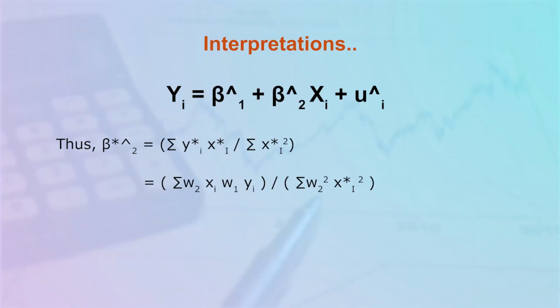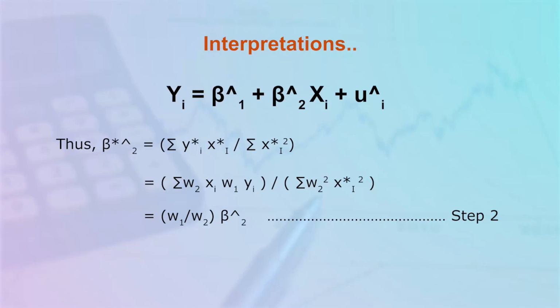Because xi star is in square form, the weights will also be in square form. That's why we write w2 square. After simplification, we end up with the ratio of the weights, which is a relative measure: w1 by w2 into beta hat 2.